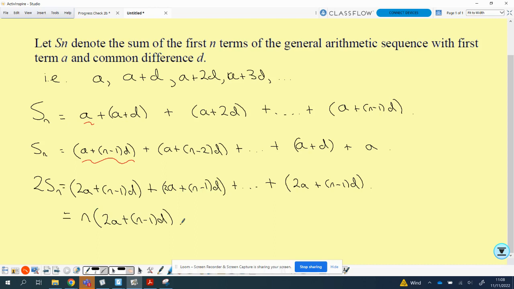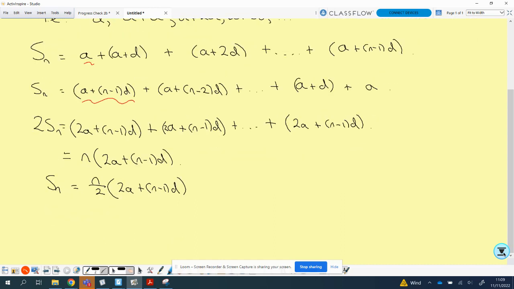That's what every bracket would be, and I'd have them n times. If I want the sum, not two lots of the sum, I'm just going to divide by 2, so it'd be n over 2 multiplied by (2a plus (n minus 1)d). That is the formula we're going to be using, and it is on your formula sheet.